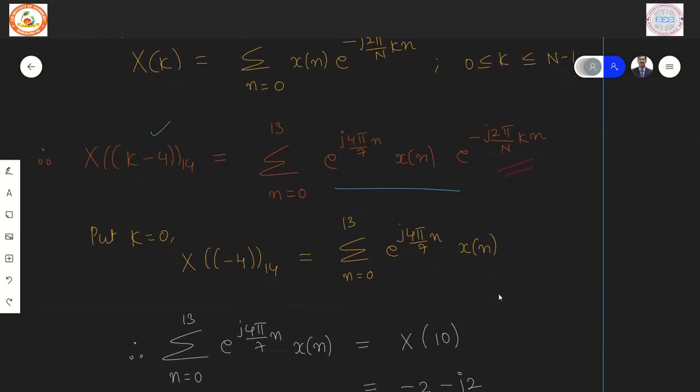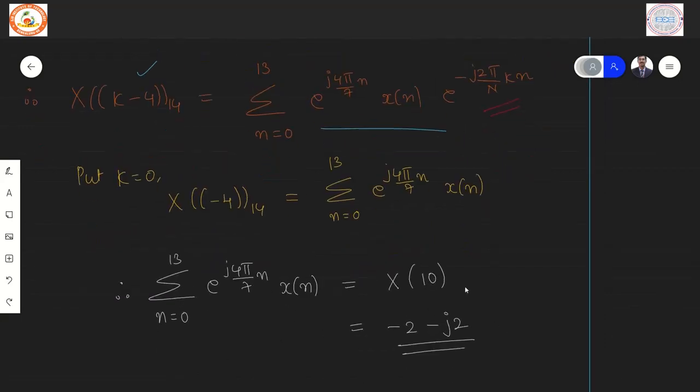So to get the final answer, we just have to reduce X of minus 4 by applying mod 14. When you add 14, it becomes X of 10. Therefore, this summation should be equal to X of 10. Substituting that value, we get the answer as minus 2 minus j2.